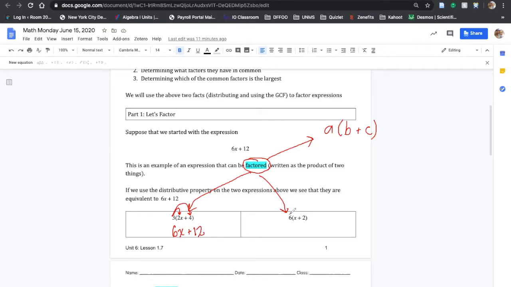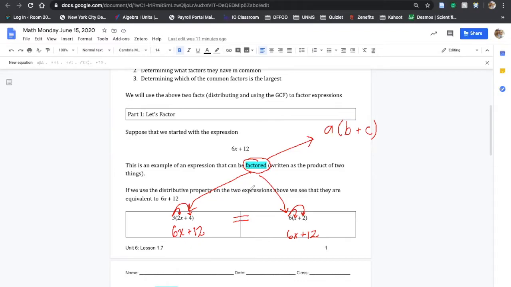Same thing over here. 6 multiplied by x is just 6x, plus 6 times 2 is just 12. So both of these expressions here give us 6x plus 12. That tells us that these are all equivalent to each other, all right?